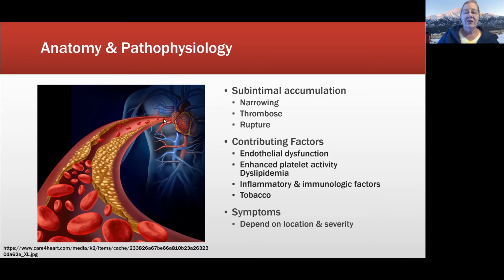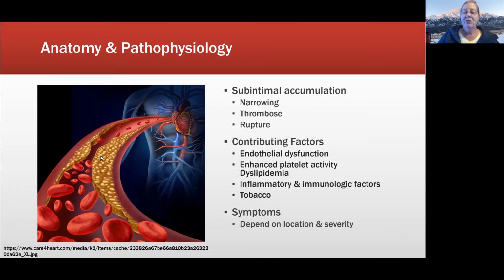It can thrombose. So as you have blood flowing through here, you get one little red blood cell and some platelets just smacked up against the side and they get stuck, and that gets bigger and bigger and it becomes thrombosed. In some ways, that's easier to open if that is the problem.